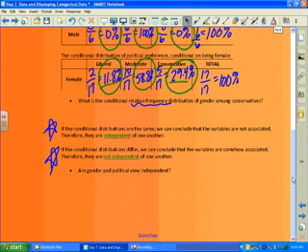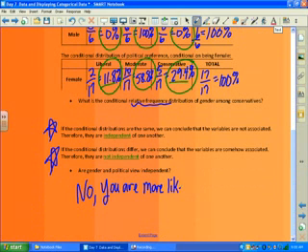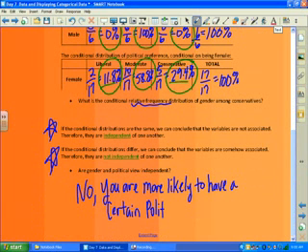Okay, so I would make a statement here, and I would say, the question is, are gender and political views independent? And I would say no. You are more likely to have a certain political view due to gender.